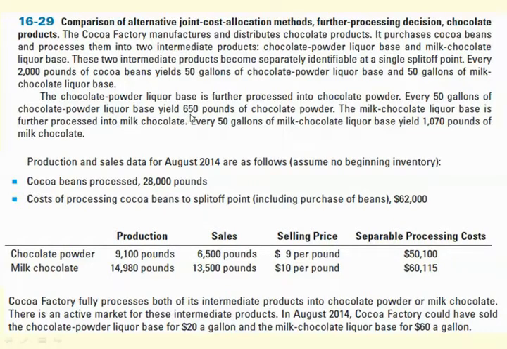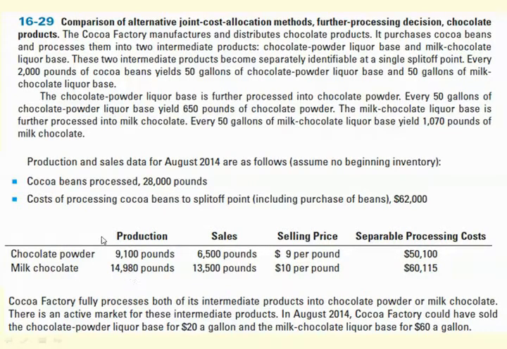So 650 pounds multiplied by 14 equals 9,100 pounds, which is given here as the production pounds of chocolate powder, and 14,980, which is also given as the production of the second final product, milk chocolate.